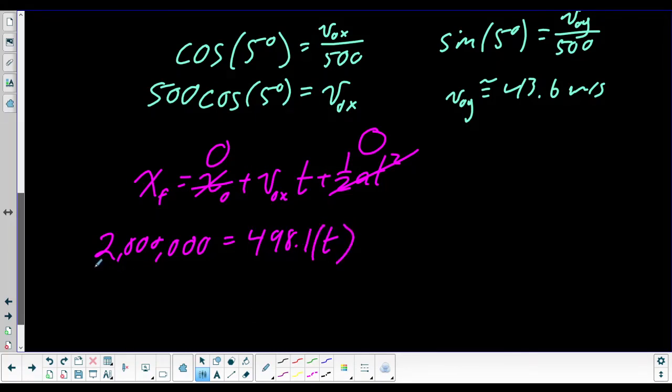So all we have to do is divide 2 million by this velocity, and then that will tell us how long it will take us to return to our space station. So t equals 4,015.26 seconds. The 0.26 is probably not super important, but if you're in space, this is probably life or death.